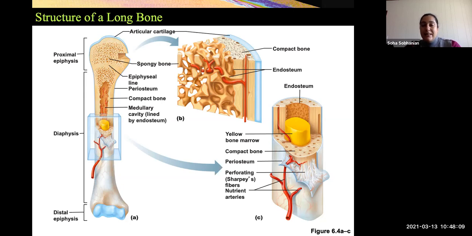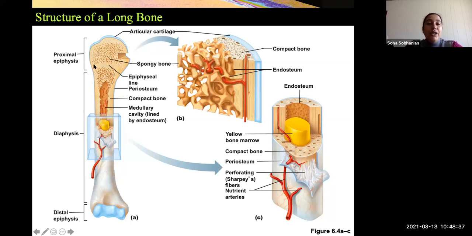Now, everything I've been talking about so far is bony structure. Now, there is a break between the epiphyses and the diaphysis. There are two epiphyses and one diaphysis. So this gap you see right here is called the epiphyseal line.